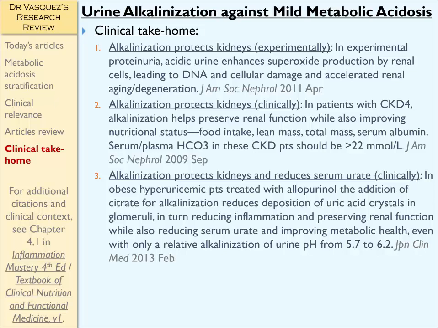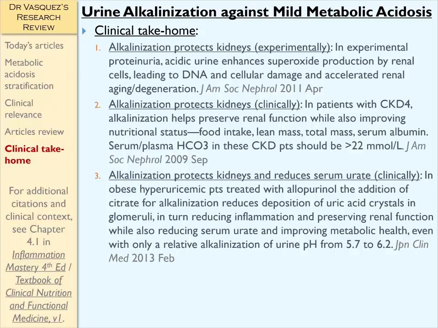This occurs while reducing serum urate levels and improving metabolic health, even with only a relative alkalinization of the urine from 5.7 to 6.2. So again, 5.7 is very acidic, 6.2 is moderately acidic, but these patients are still acidic and they could actually use more alkalinization therapy, but even with moderate intervention, they still improved metabolically and clinically.